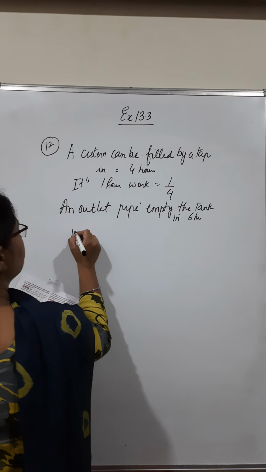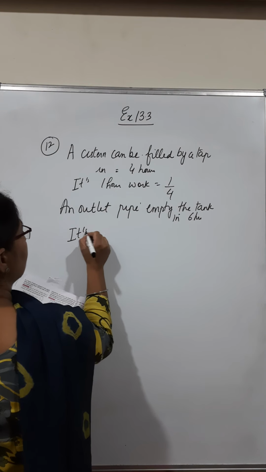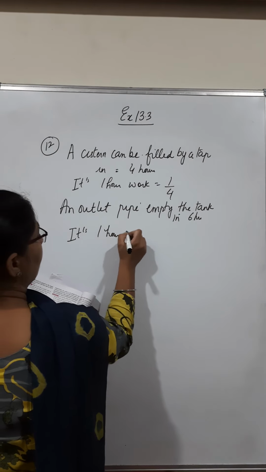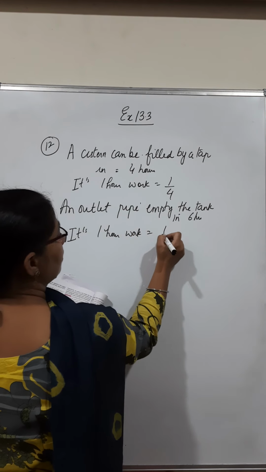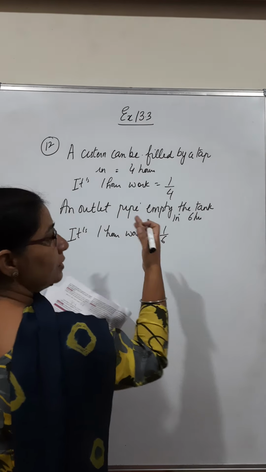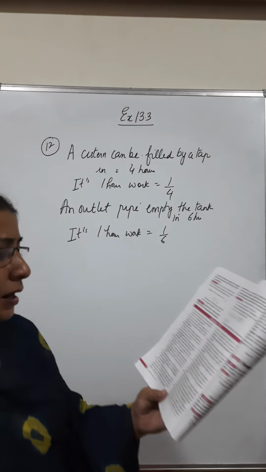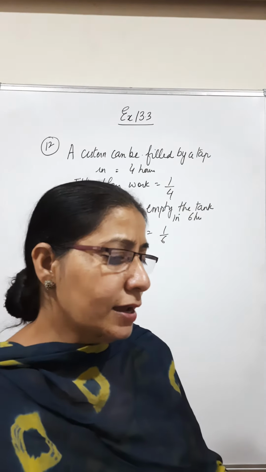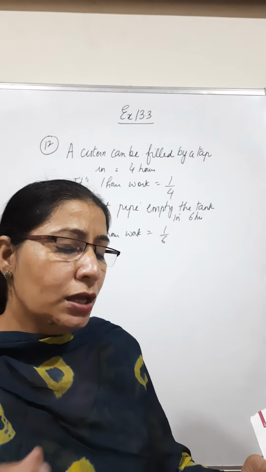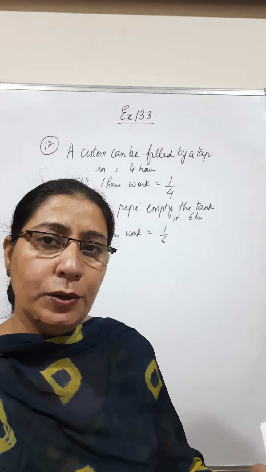So it's 1 hour work. Now what is the work? This work is the water is coming out. This work is the water is coming in. How long will it take to fill the cistern if both the tap and the pipe are open together?